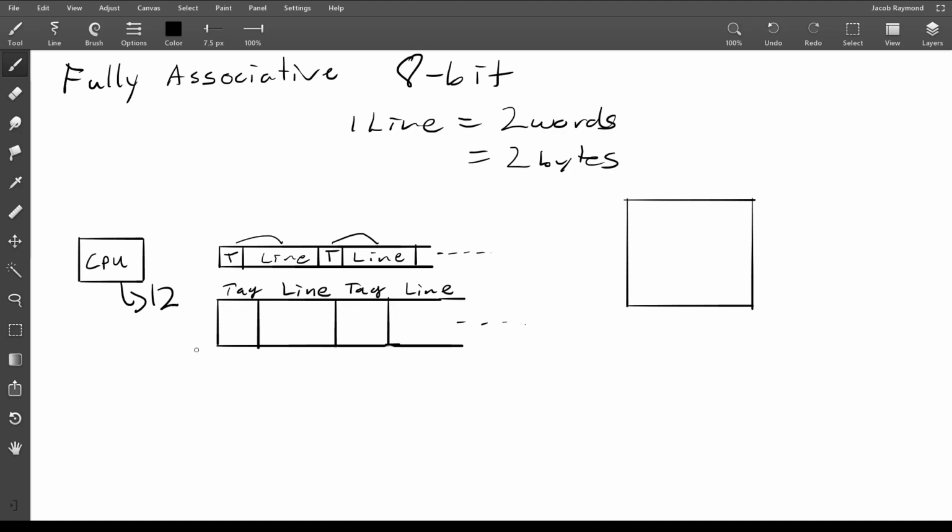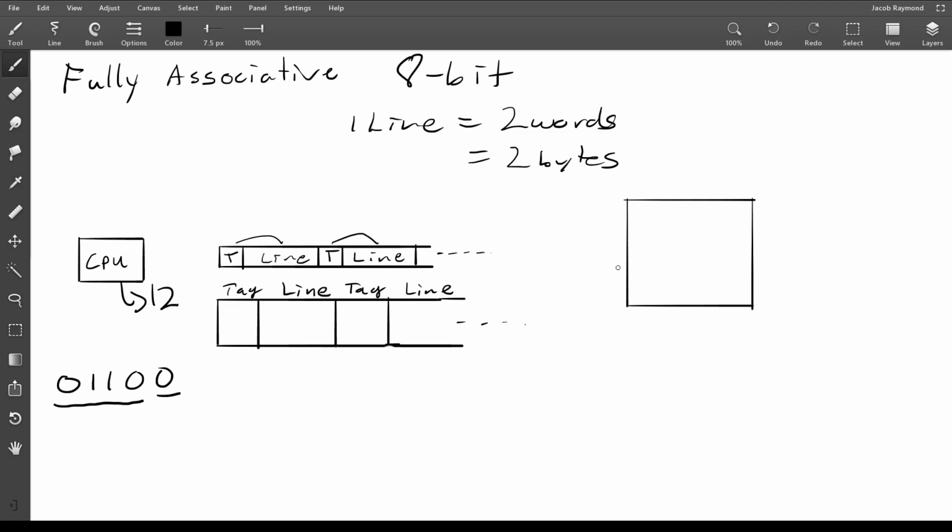We're going to say that this data right here could be stored absolutely anywhere in this cache. And so if we look at the binary representation for 12, we still have this word portion, that's going to still be this 1 bit, but all of the rest of this information here is going to be the tag. And it'll allow us to know whether or not this data is in the actual cache. And so we, let's say, try to access 12.